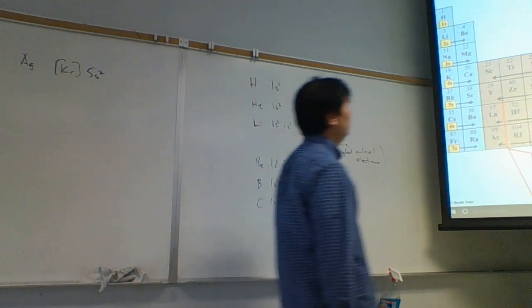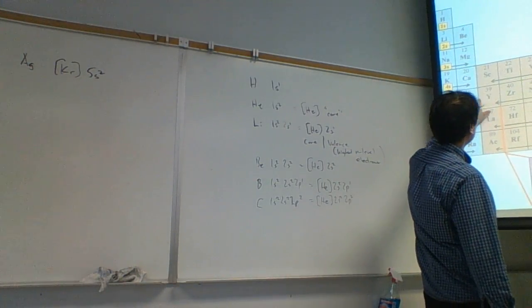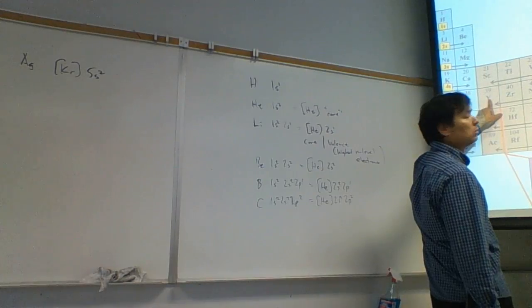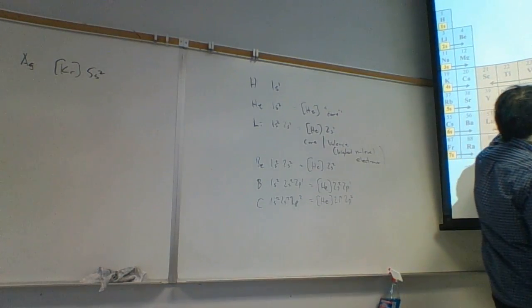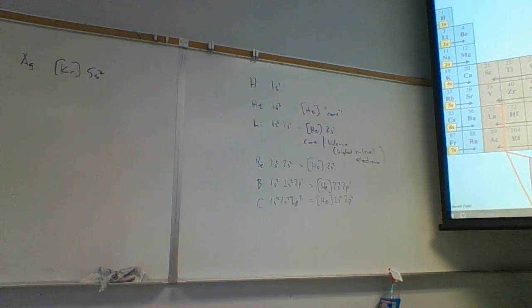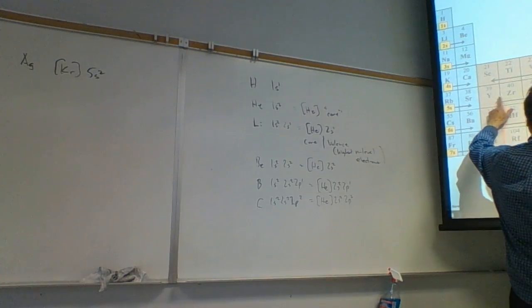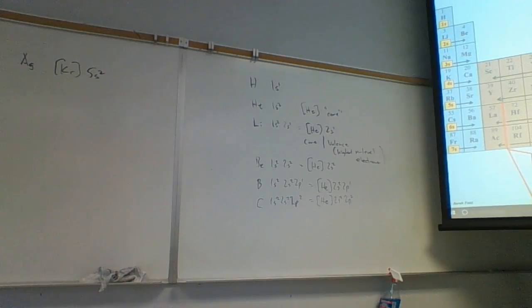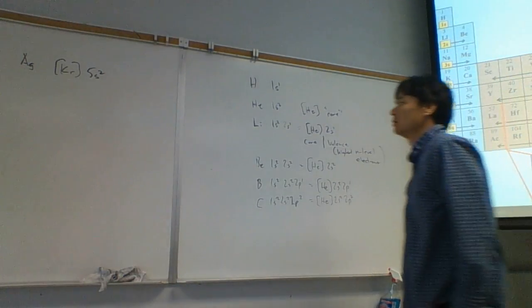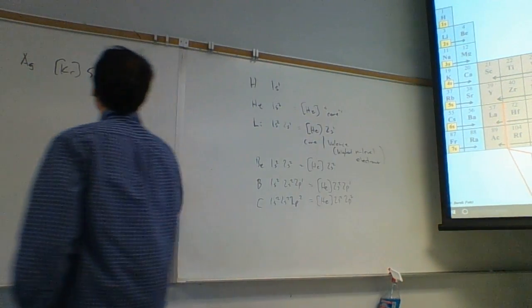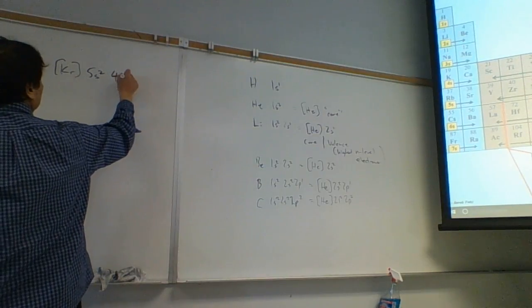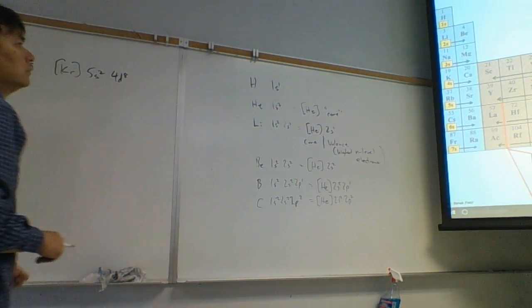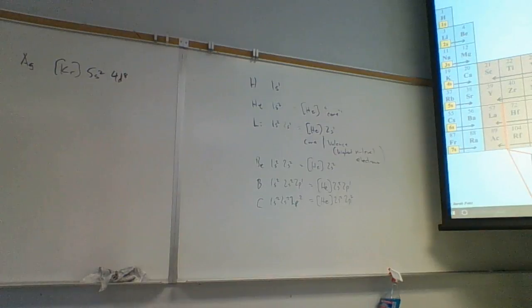And then the 39th goes into the 4d. So we go 4d, 1, 2, 3, 4, 5, 6, 7, 8. 48. I'm sorry?